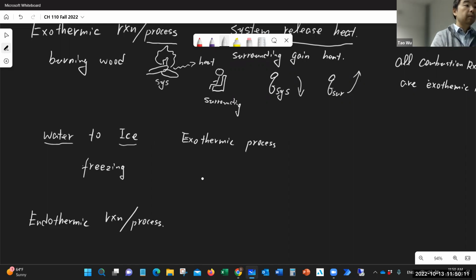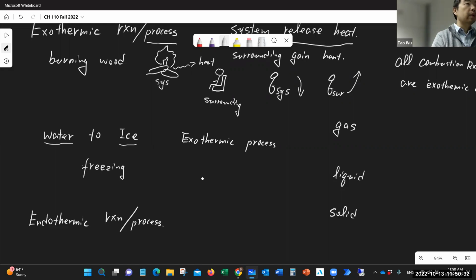But in general, we have three different states: gas, liquid, and solid. And usually gas always has a higher temperature, I'm talking about the same object.